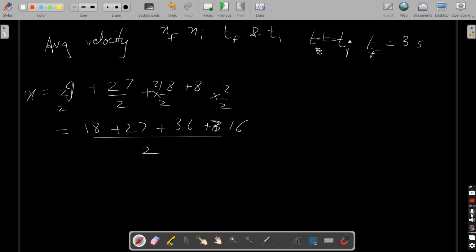We get 97 by 2. So x final is equal to 97 upon 2.